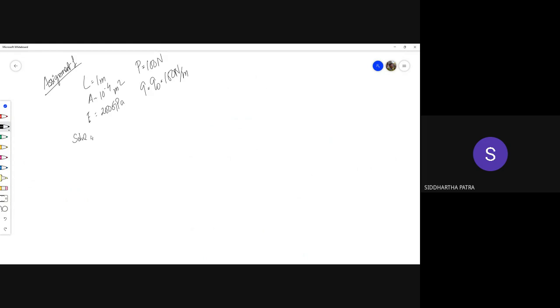Solve with two lower order bar elements and compare with the exact closed form analytical solution.